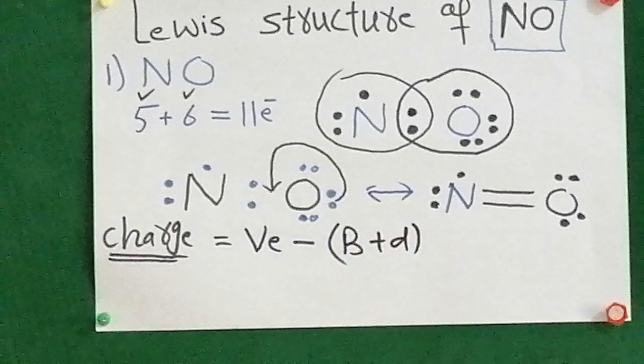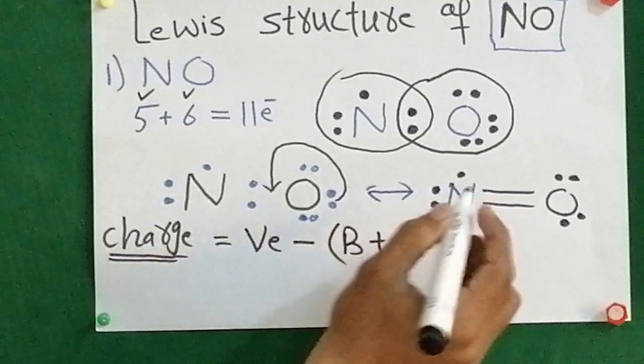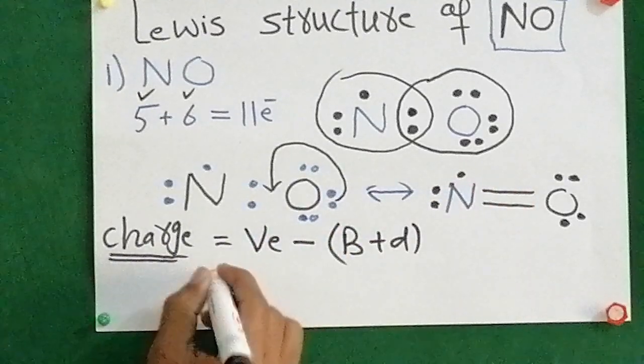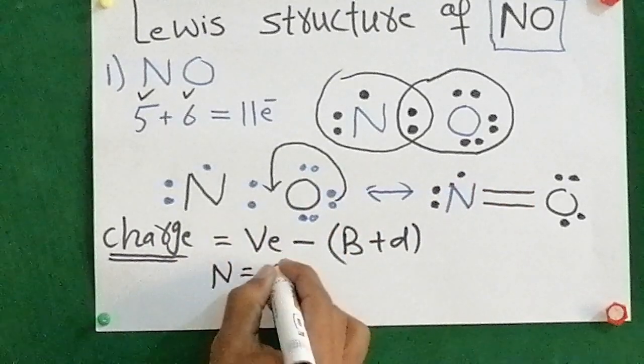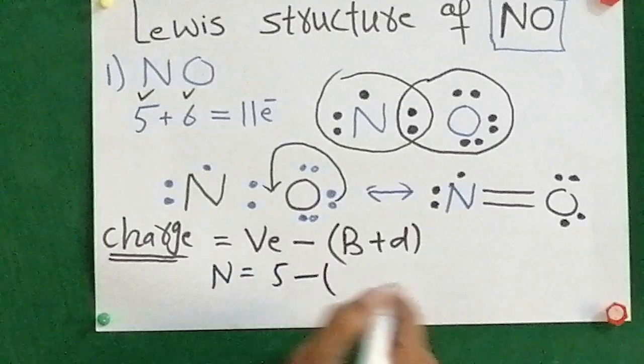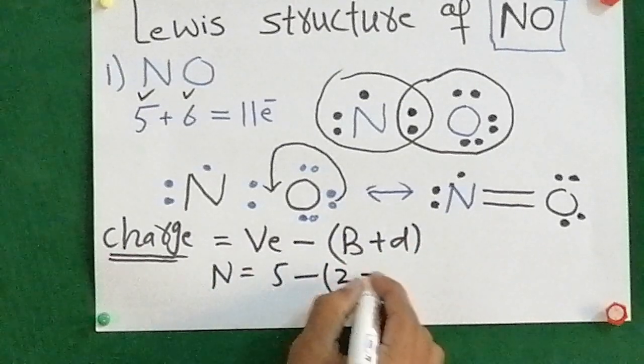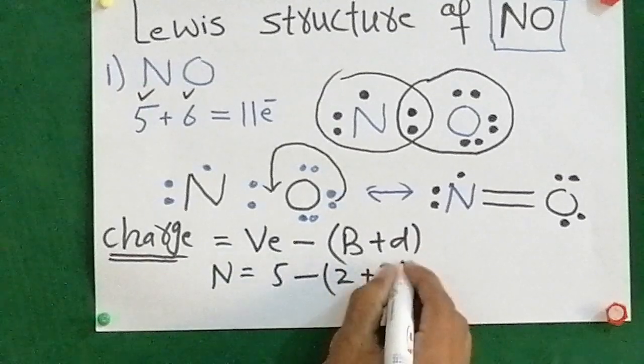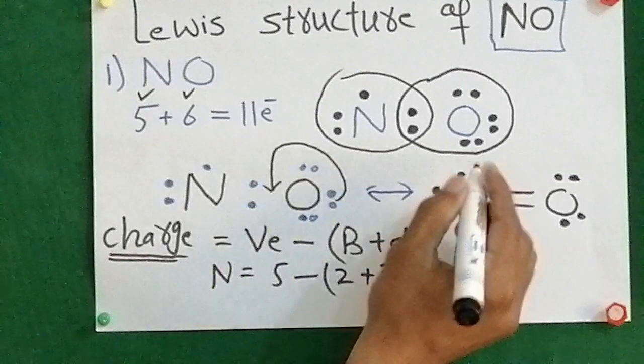So students observe it. For nitrogen: valence electrons 5 minus bonds 2 plus dots 3, so the charge on nitrogen is 0.